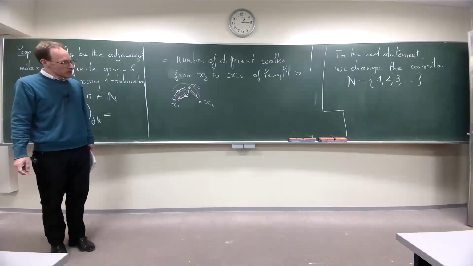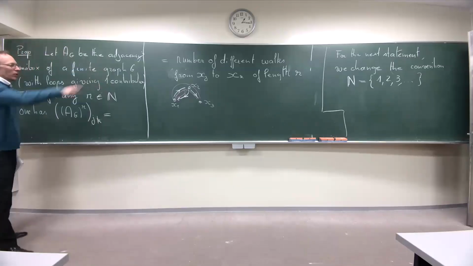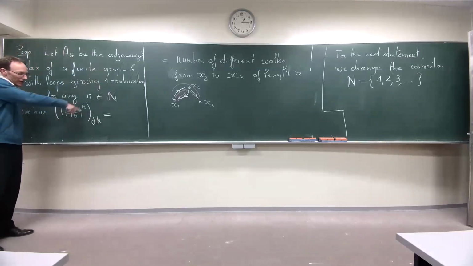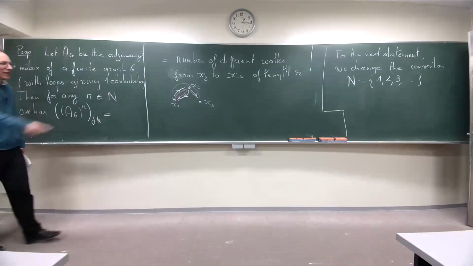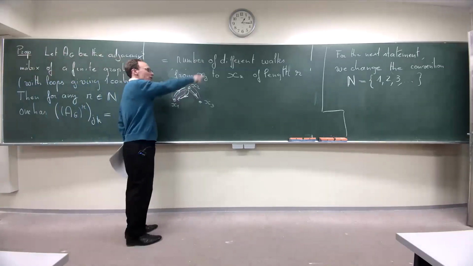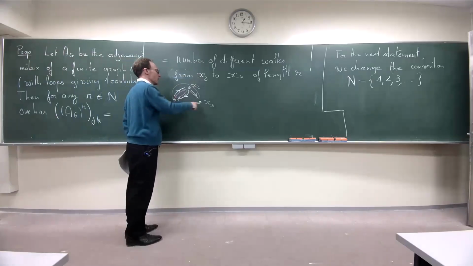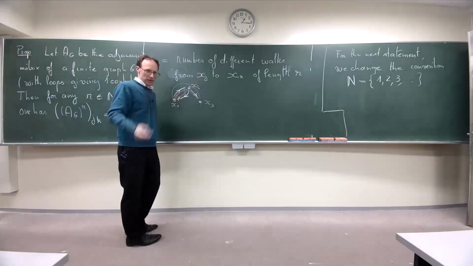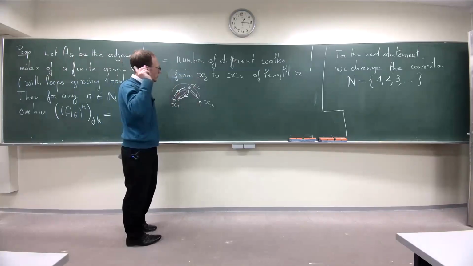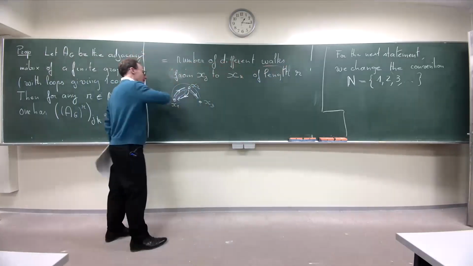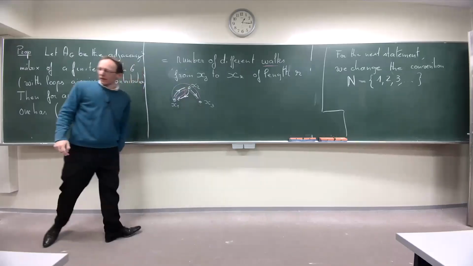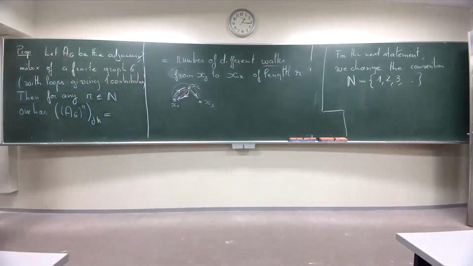So you can check: take the matrix corresponding to this graph, take the iterations 1, 2, 3, and so on, and check that indeed it gives you the number of different ways to go from x1 to x3 with a walk of length R. It's a walk, which means I can turn around several times. I think it's quite a nice result.